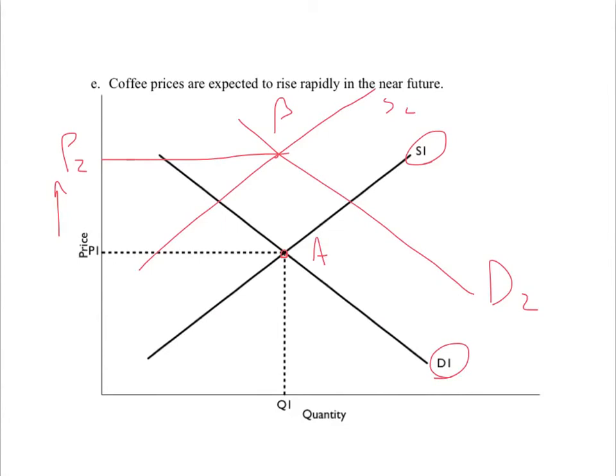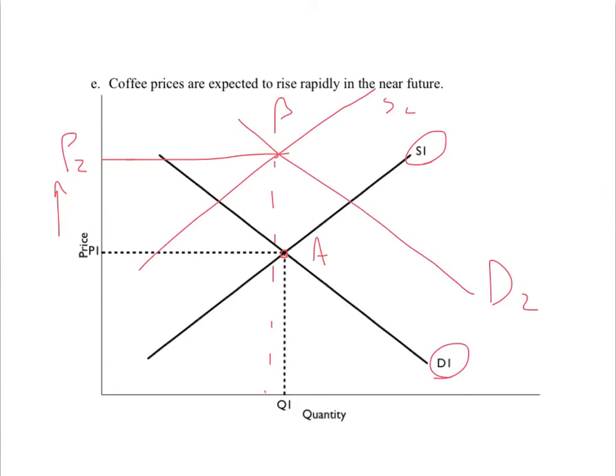But in terms of the quantity of coffee, we're really unsure here. As I've drawn the graph, maybe there's been a slight decrease in the quantity. But really, depending on which curve shifts more, the quantity of coffee could rise, it could fall, it could even stay the same.